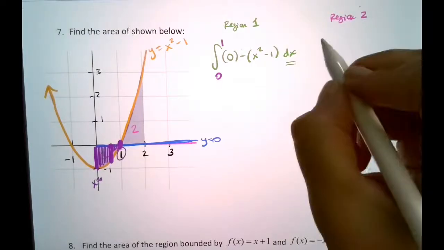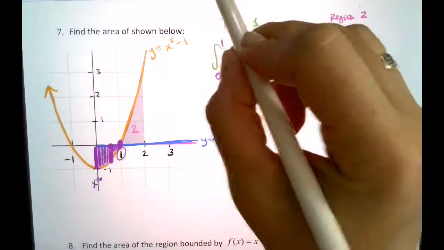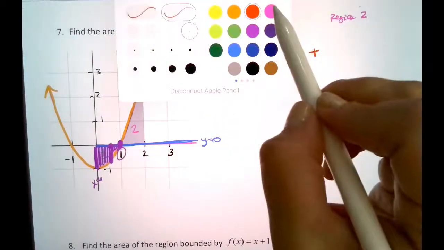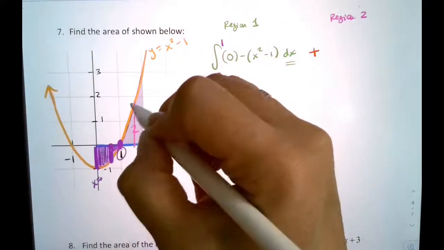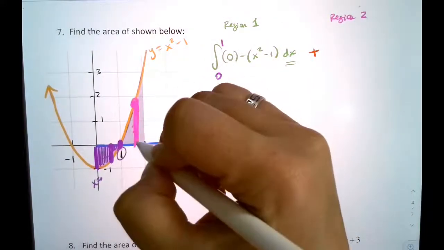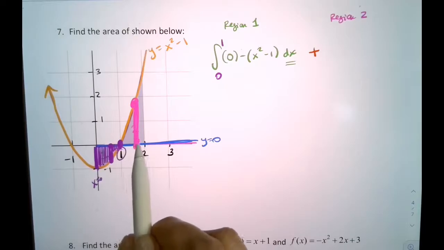Now, if I set up region 2, I'm going to add this, because I'm just trying to put these 2 separate pieces together. Region 2, what do I have? I'm going to draw a rectangle in here. Nothing special about where I draw it, because consistently the top function is always the parabola, and the bottom function, if I move this left and right, is always the line y equals 0.